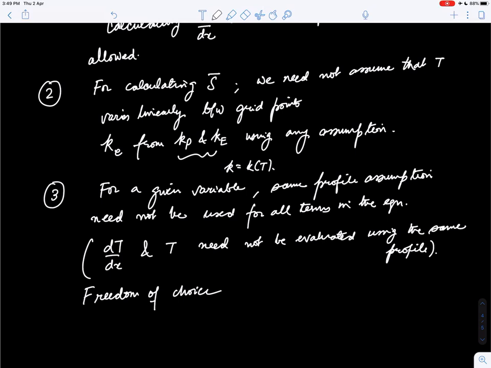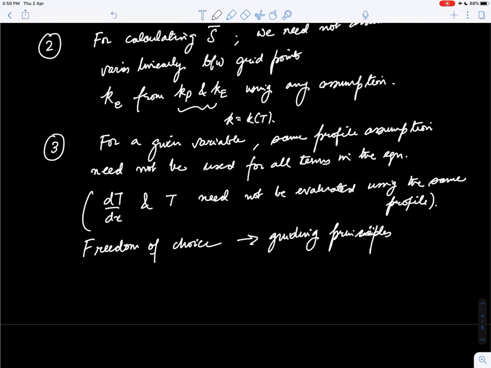Now this freedom of choice is essentially dictated by certain guiding principles. These guiding principles are the ones that will lead us to the correct solution.